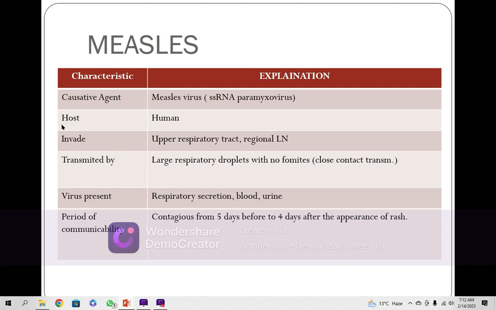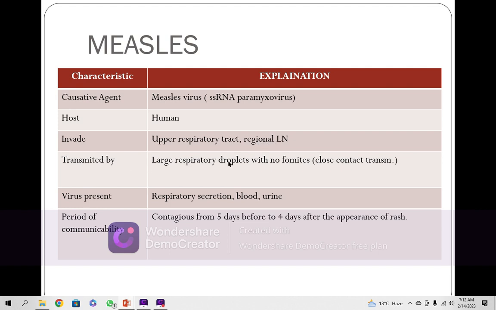as measles. Now, measles causative agent is a measles virus, and that is the single-stranded RNA virus. It is RNA virus. There are RNA viruses and the DNA viruses. So it is a paramyxovirus infection. Human is the host, the portal of entry is the upper respiratory tract and regional lymph nodes.